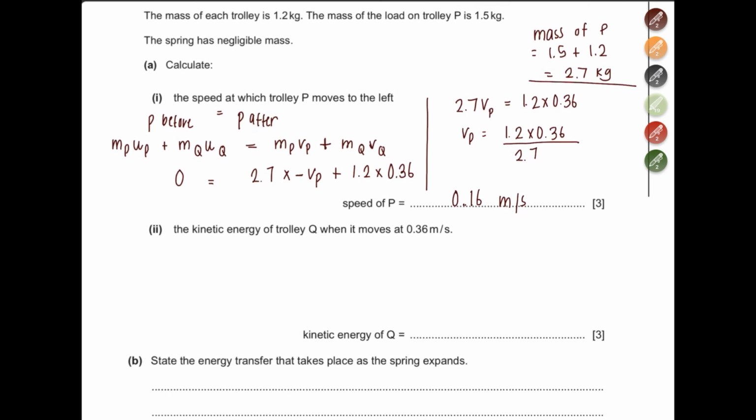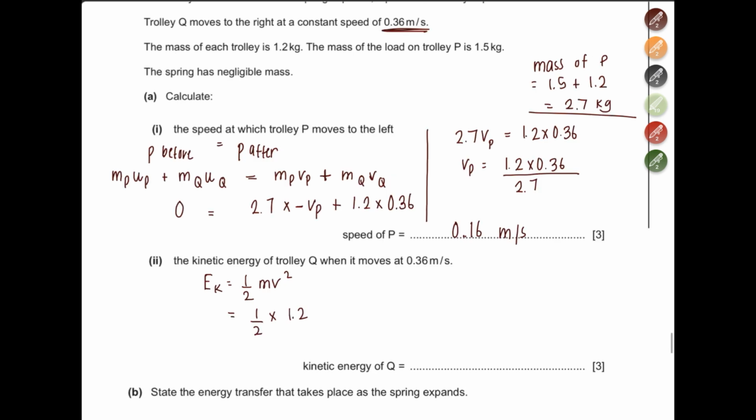Now the kinetic energy of trolley Q when it moves at 0.36 meter per second. The formula for kinetic energy is half mv squared. So half multiplied by the mass, 1.2, multiplied by 0.36 squared.